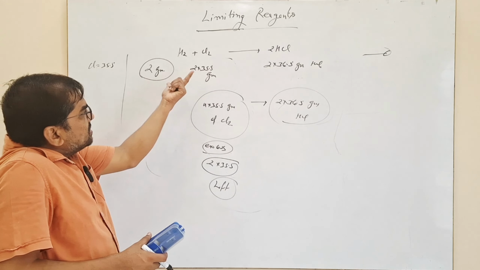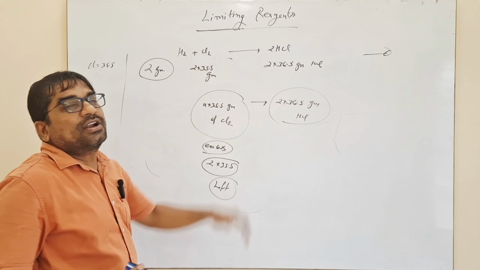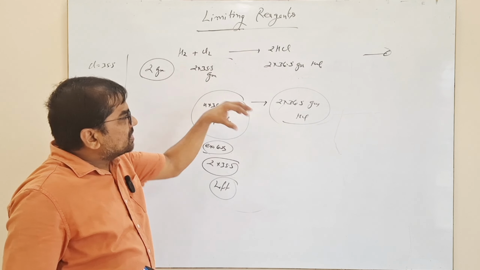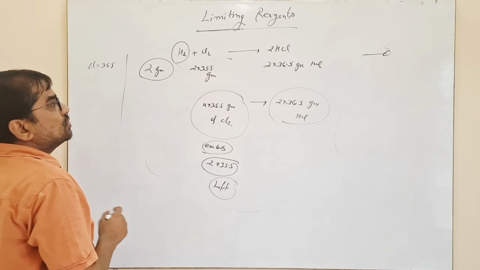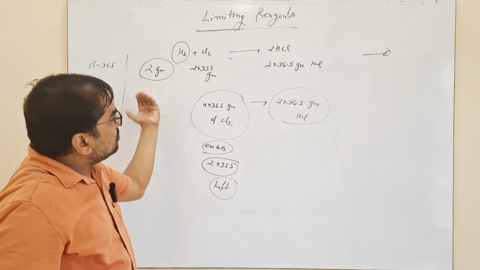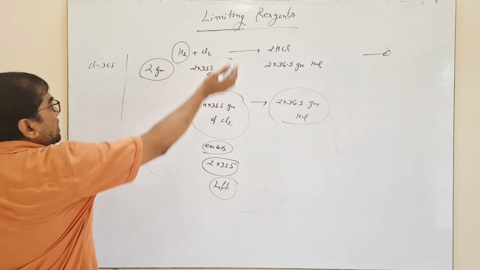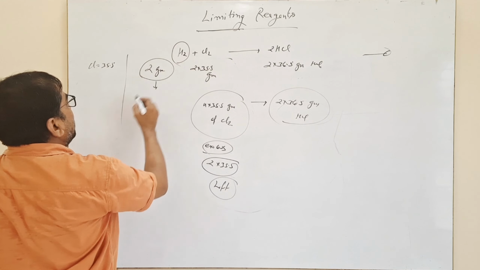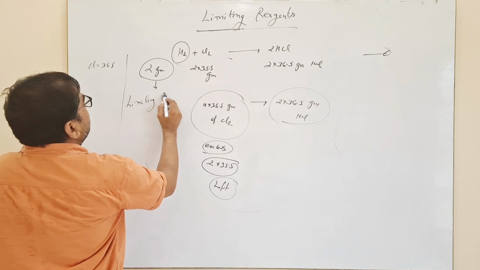So which of the two reacting species will control, will limit the product formation? It is dihydrogen. So in the same equation, but on the basis of the amount of the reacting species, the limiting reagent gets changed. In this equation now, hydrogen behaves as the limiting reagent.